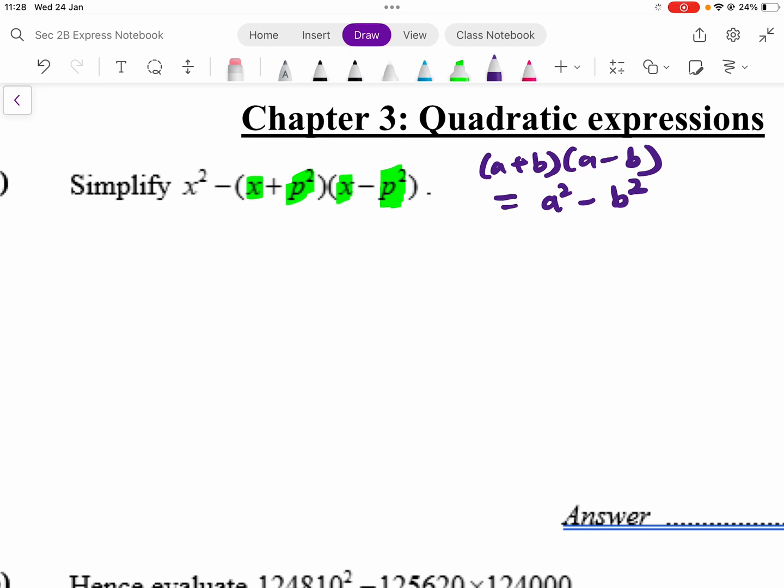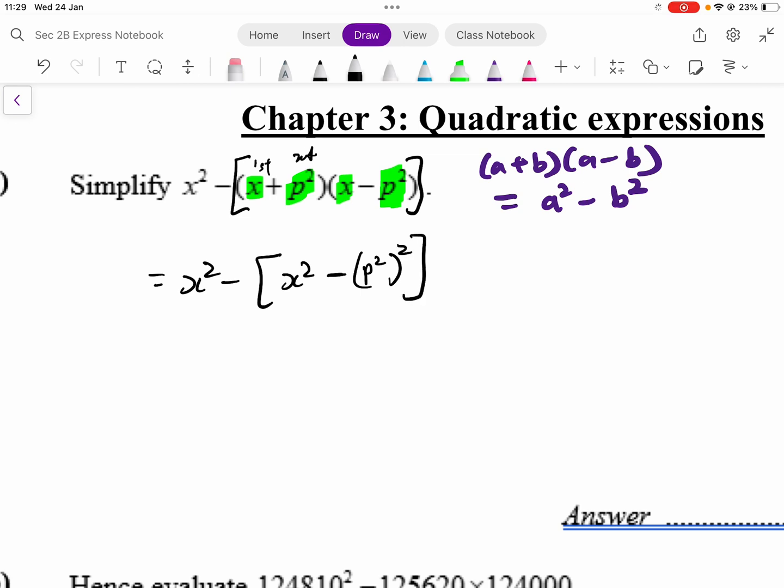Alright. So from here, we don't multiply the negative sign in first. We should get x squared minus x squared, this is my first term, this is my second term, minus p squared squared. Right, because it's b squared. So it's this squared, x squared minus p squared.